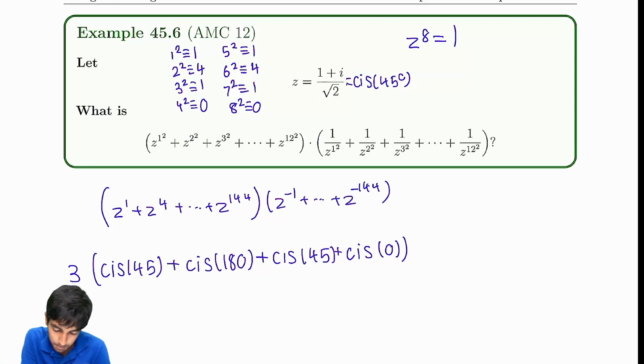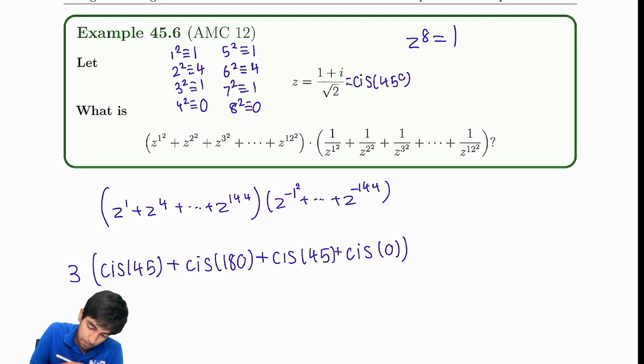Z to the negative 1, squared, all the way till z to the negative 12 squared.